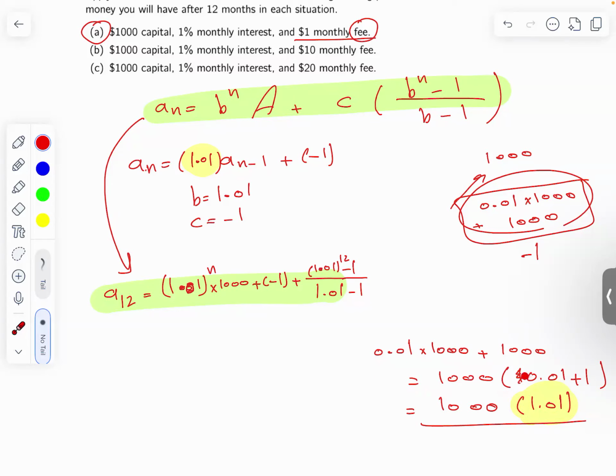This one? Which one do you mean? Ah, sorry.